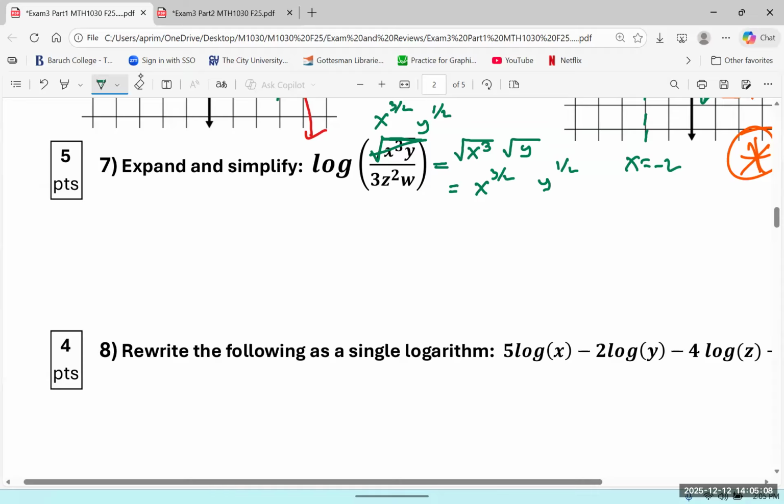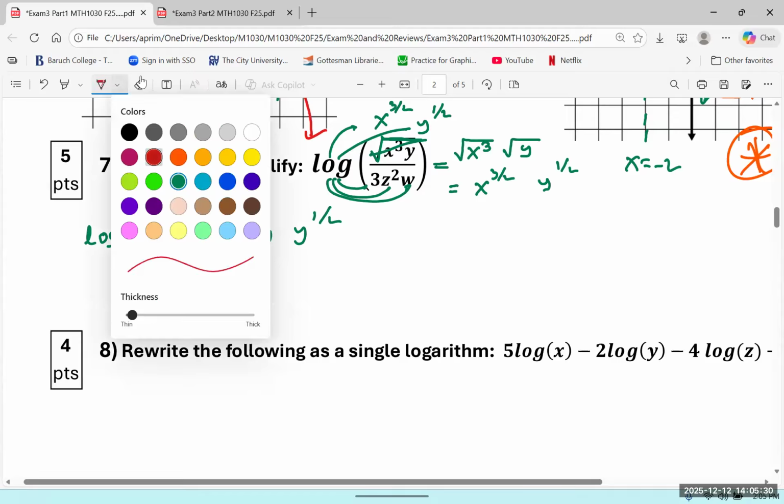And then you expand your log based on how many elements you have. Most people got this wrong, surprisingly. So you have log x to the 3/2 plus log y to the 1/2. And then the common mistake, people thought only the first one is negative and the rest is positive, which is wrong.